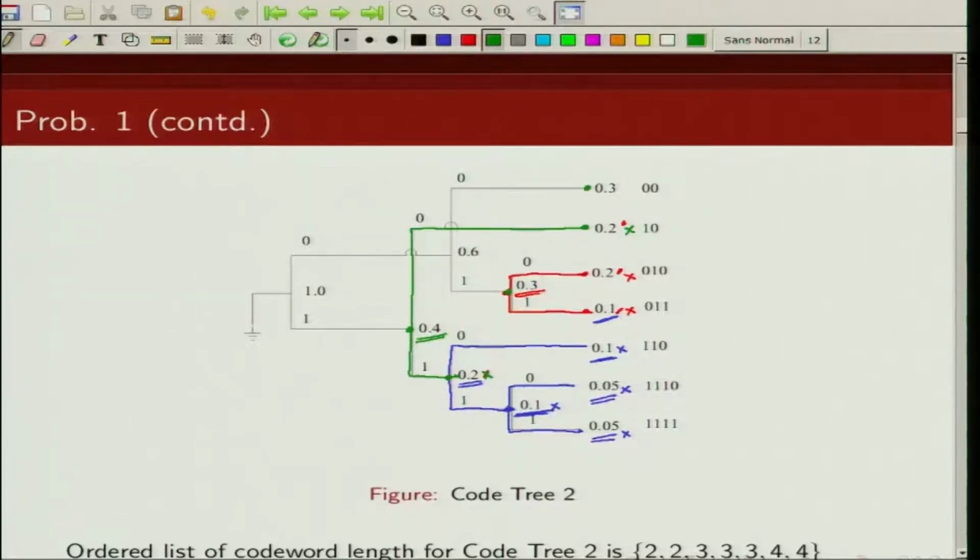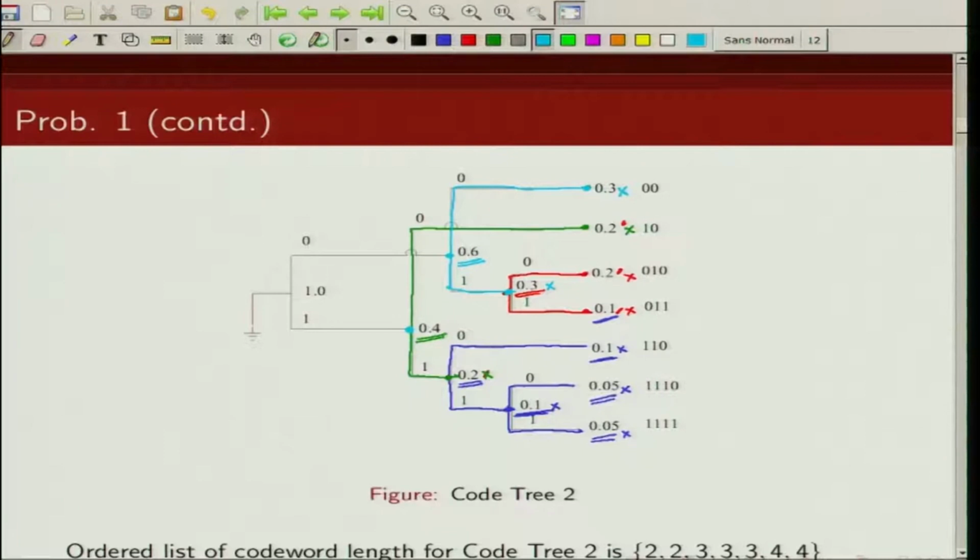Now we have an active node with probability 0.4, one with probability 0.3, and one with probability 0.3. So we combine these two 0.3 nodes, create a new node with probability 0.6, and deactivate these two nodes.